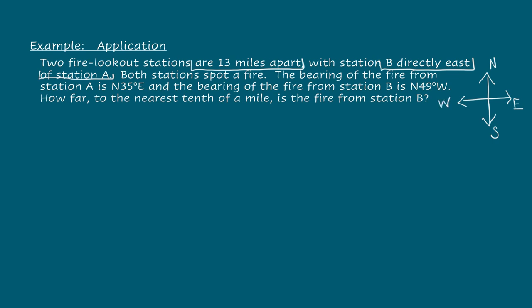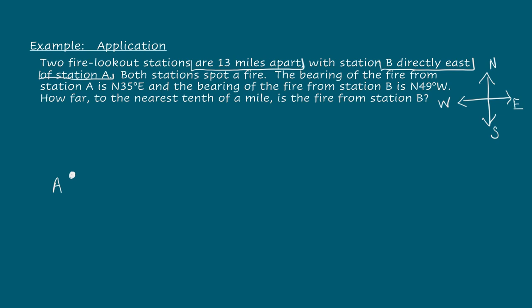All right, so the first thing that I know when I'm going to draw this scenario is that I'm going to start with station A, and I'm going to just sketch a picture here. And those of you that have spent much time with me know I'm not very good at drawing, but we're just going to go with it.